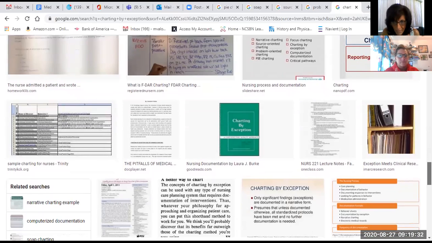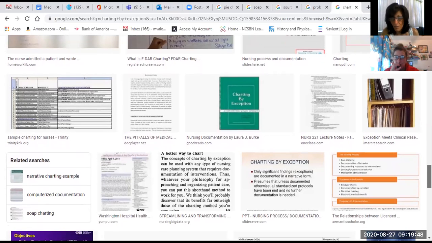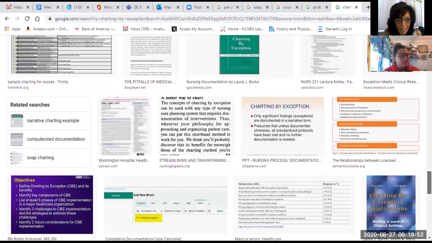When it comes to home care, home base is the best. It's the creme de la creme. But McKesson makes a home care documentation product as well. Mysis makes one, Home Solutions makes one. So there are lots of different EMRs, electronic medical records. But with charting by exception, the two big ones are Cerner and McKesson.